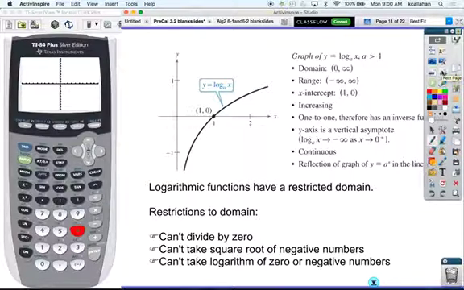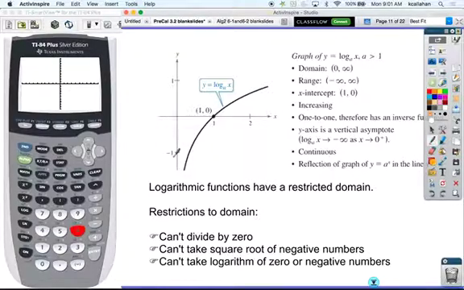So I'm not so interested in all the transformation stuff here. We should know that stuff cold by now. But this kind of stuff is important. Being able to look at a logarithm function and understand, for example, that the domain is from 0 to infinity. It's not all real numbers because it can't get to the left of the y-axis.